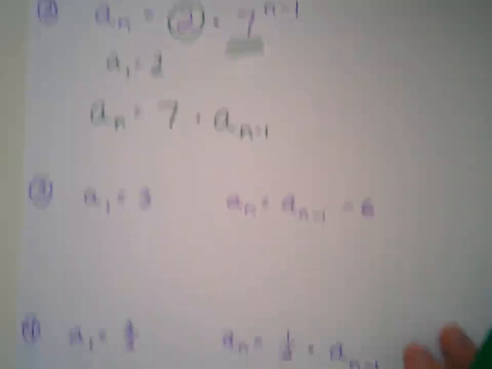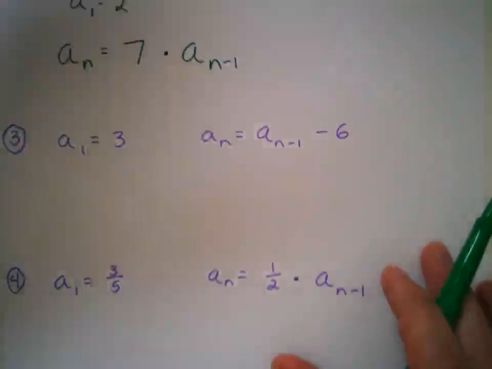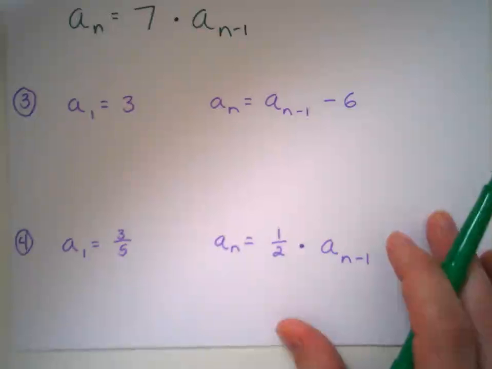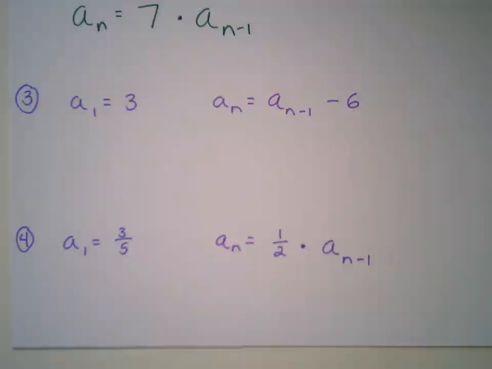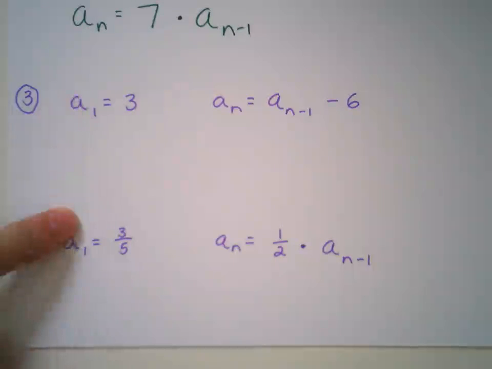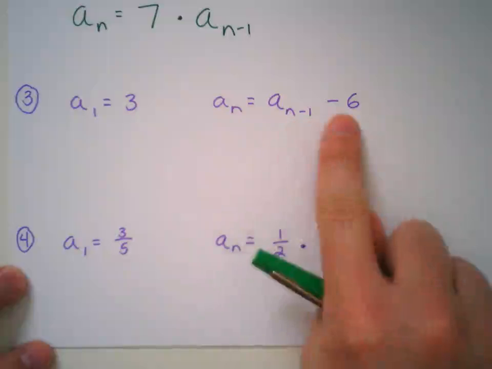So now let's look at a couple of examples on the bottom part of this. Again, it's going to help you out for the quiz. This is going from the recursive formula to the explicit formula. So you know your A1 for both of these. It tells you A1 equals 3 here, A1 equals 3 over 5. But notice the difference in the recursive formula here.